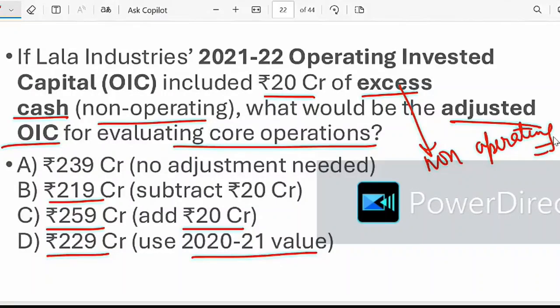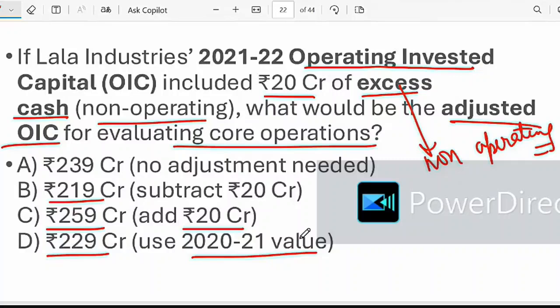So what we need to do? OIC is the operating invested capital. Tell me, what should we do with the excess cash? Should we subtract it, add it, or let it be as it is? The correct answer is, we should subtract it.